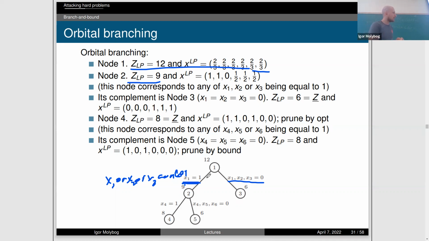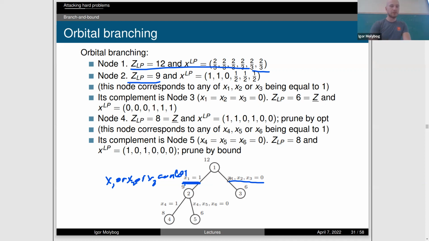So, was I able to argue that assuming x1 equal to 1 is equivalent to saying that x1 or x2 or x3 can be equal to 1? Is it clear that this is the same? Okay, cool.